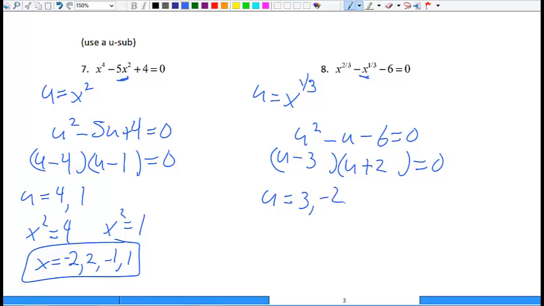And then when I do a substitution in for x, because I really want x, I don't really want the u. I'm not solving for u, I'm solving for x. I get x to the 1/3 equals 3, and x to the 1/3 equals negative 2. This actually comes up sometimes.